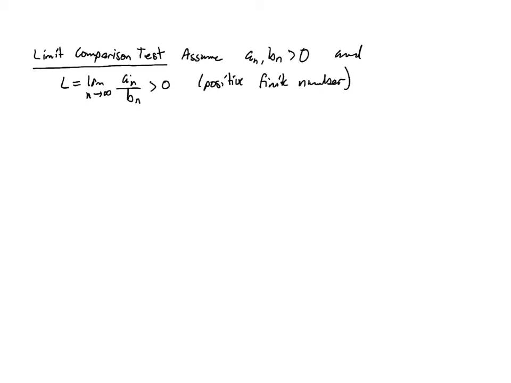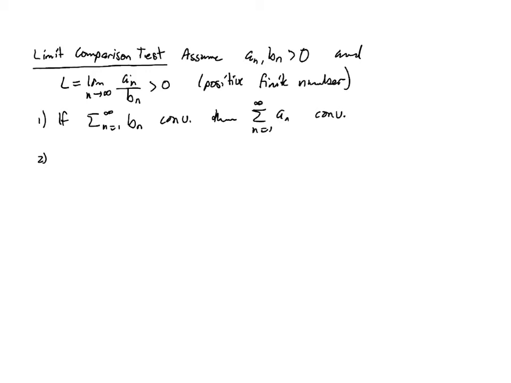And then the way the test gets applied is in two possible ways. First is that if the summation n equals 1 to infinity of b_n converges, then the summation n equals 1 to infinity of a_n also converges.